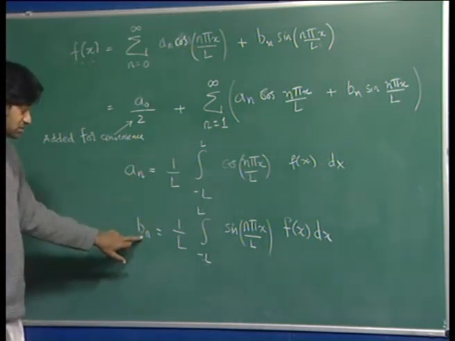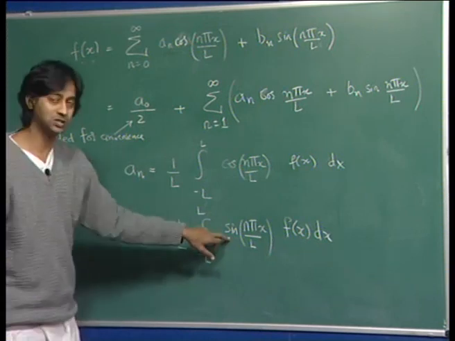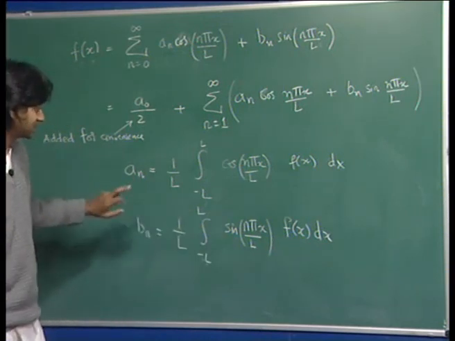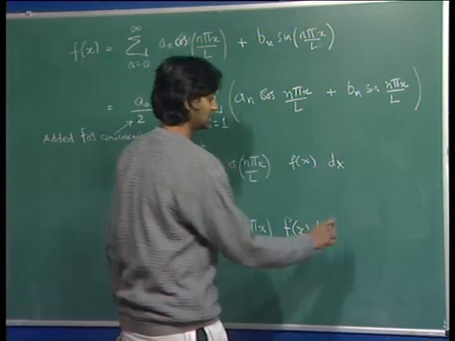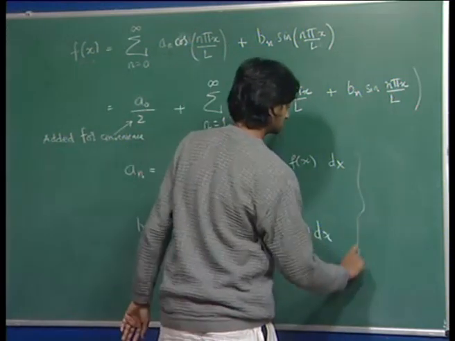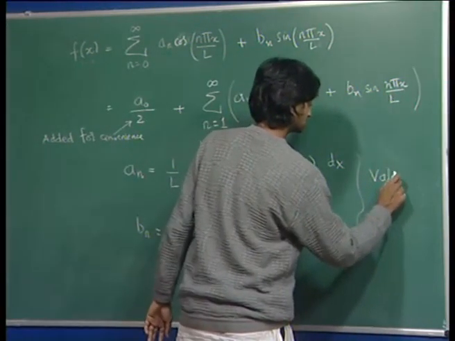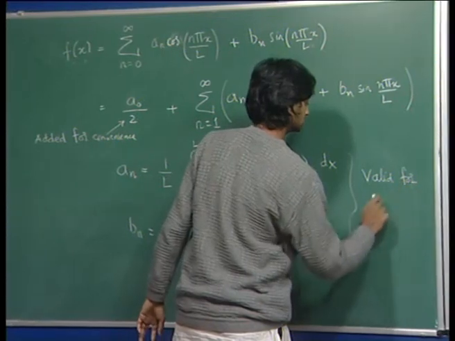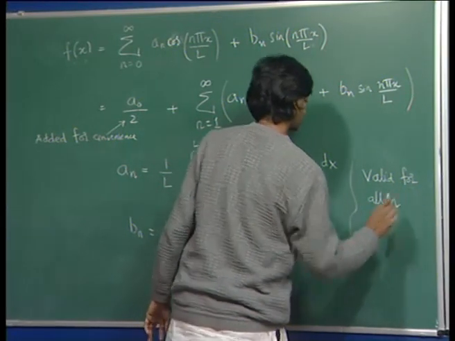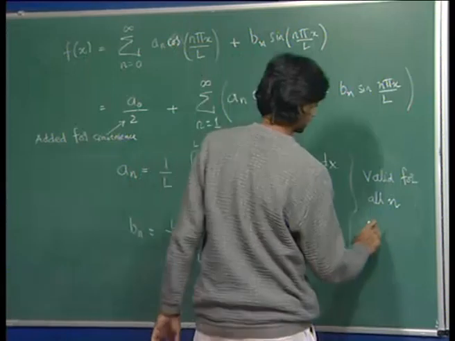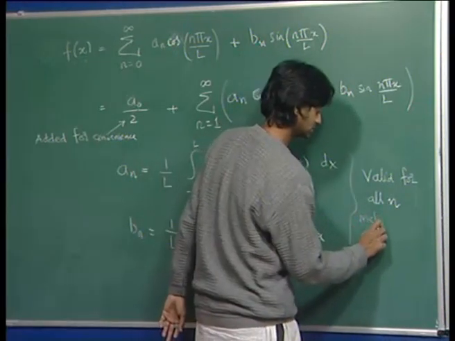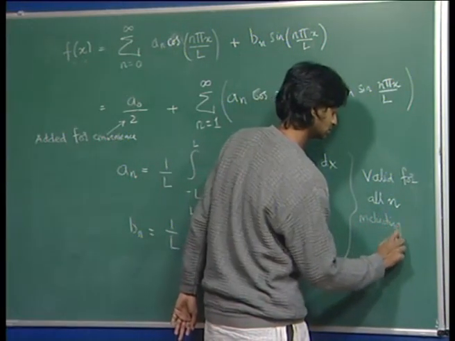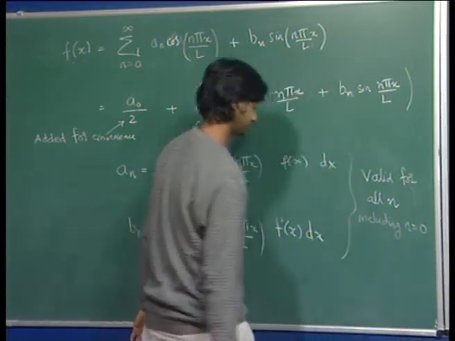In this case you can check that b 0 will be 0. So, this is valid for n equal to 0 also. So, all this is valid for all n, including n equal to 0.